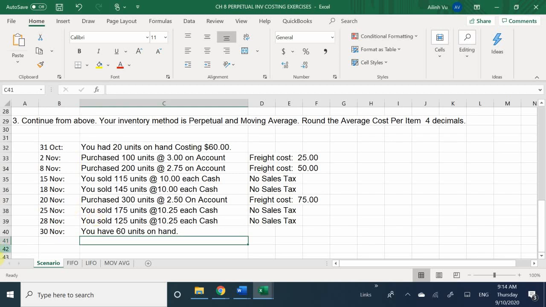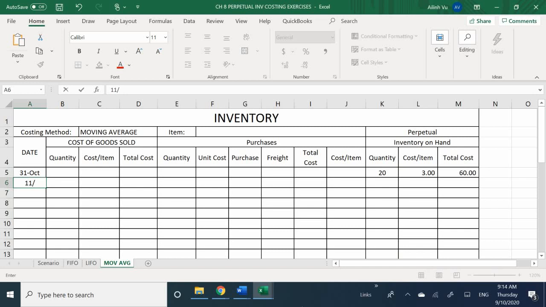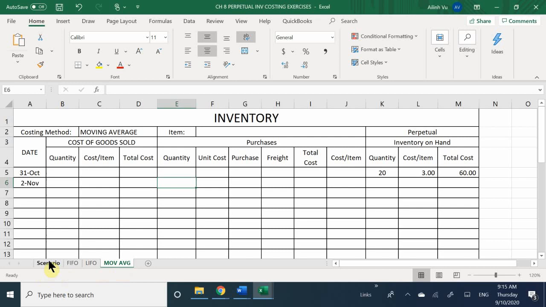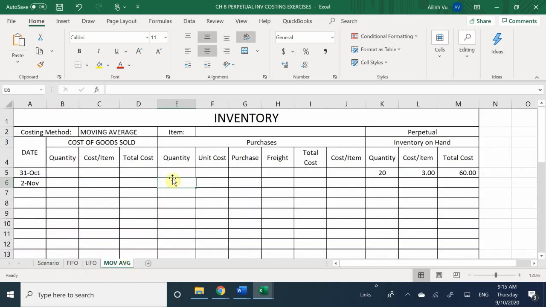Okay. So here, November 2nd, this is moving average. Quantity. What did we start with? So quantity, we purchased 100 units at $3 and the freight is $25. So 100 at $3.